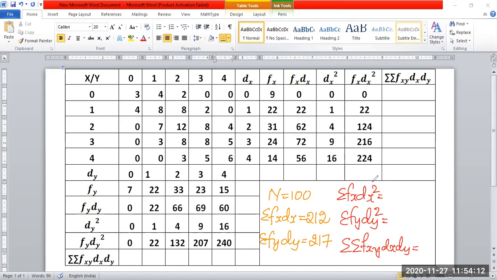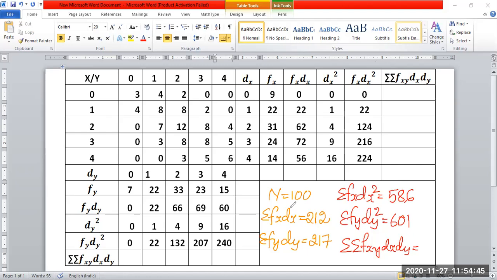I got 586. Okay, this is 586. Down 0 plus 22 plus 132 plus 207 plus 240. Okay, 601. Yes, now the last table we are in, that is called double summation fxy dx dy.